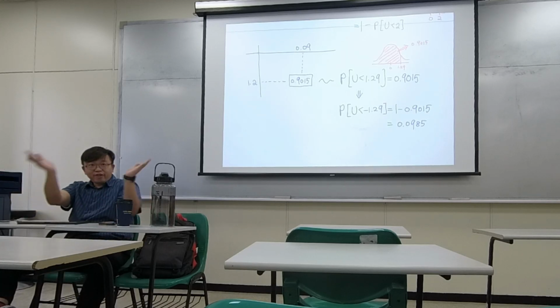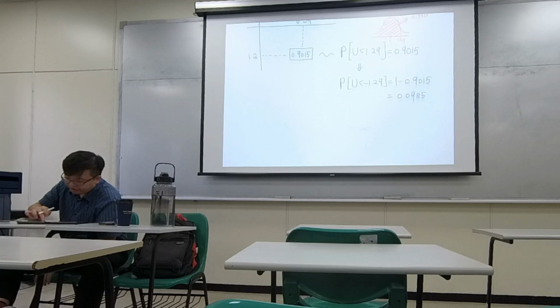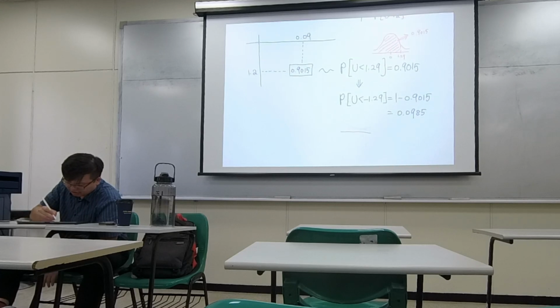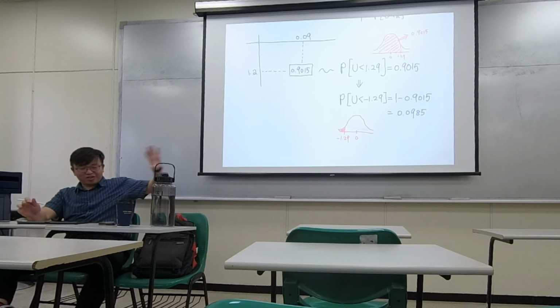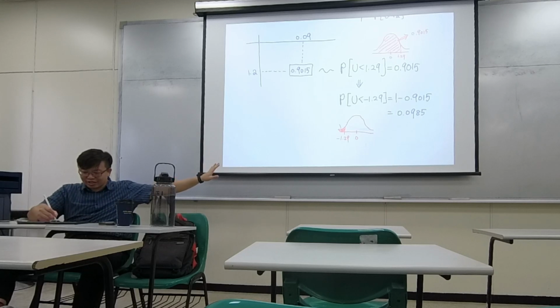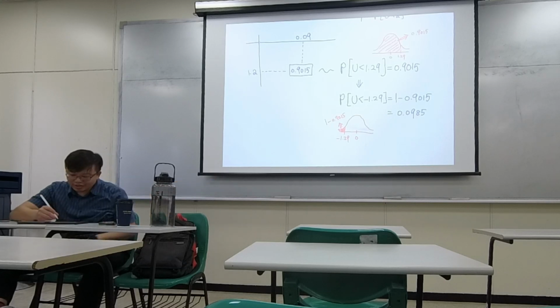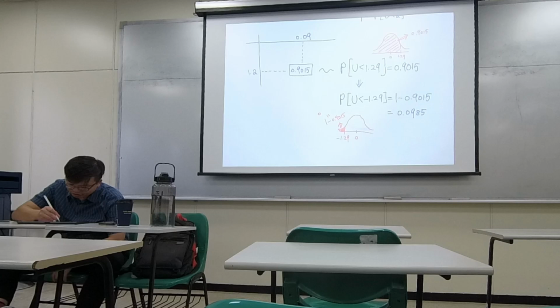If I flip it like this, here is negative 1.29, and the tail on the left is going to be 1 minus 0.9015. So this is going to be a very small value.